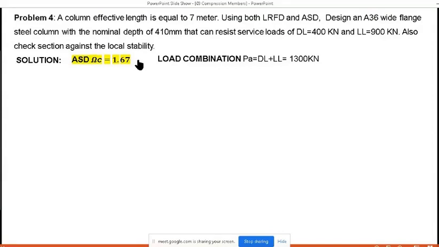So we have given dead load and live load. So yung load combination natin, if we use ASD, is yung dead load plus live load. That is equal to 1,300 kilonewton. So that is 400 plus 900.